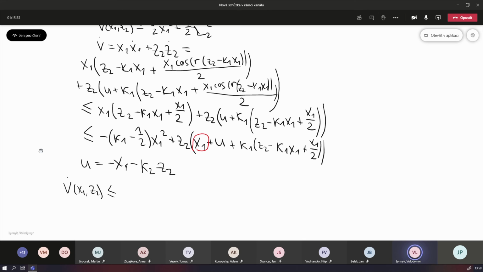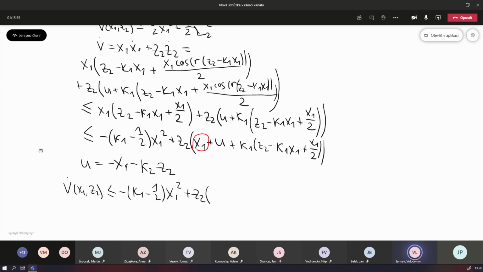And when we put it, then the final is minus k1 minus 1/2 x1 squared, this first part, and plus this z2.